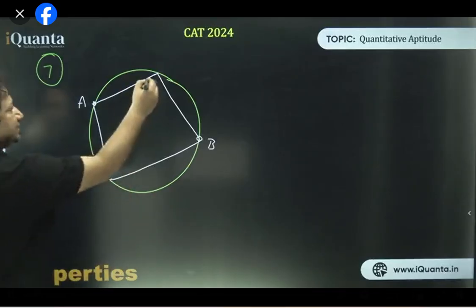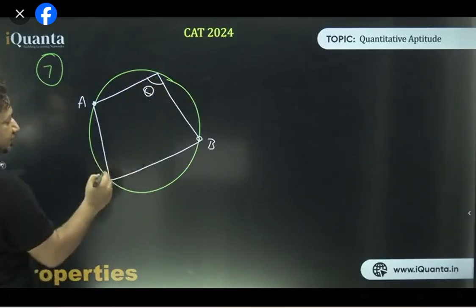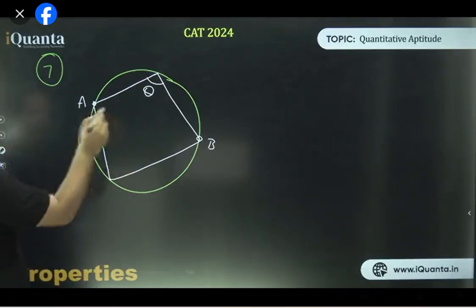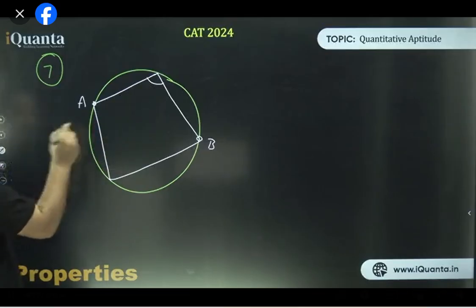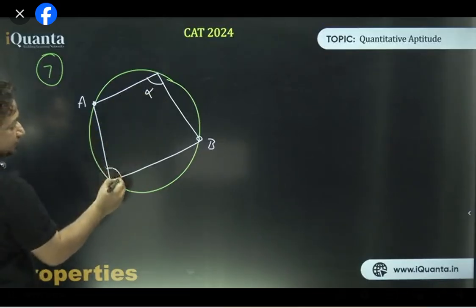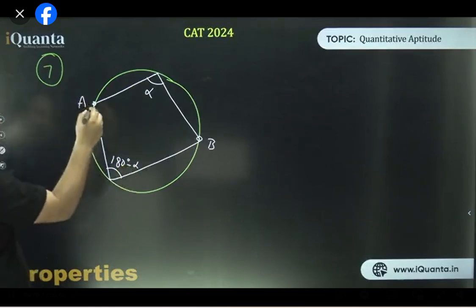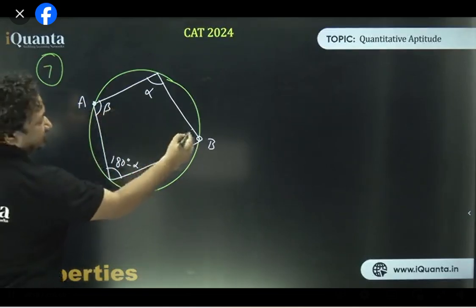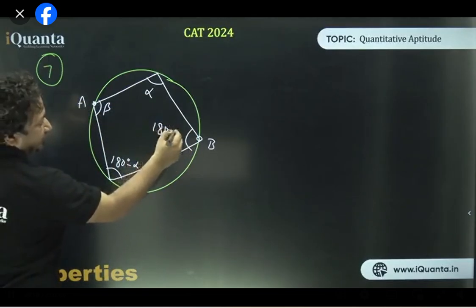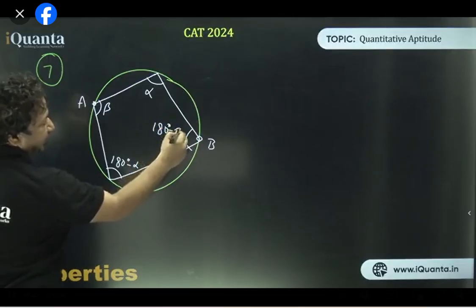So if this angle is theta, this angle, let me use alpha over here, not theta. This angle is alpha. This will always be 180 degree minus alpha. Or I can say if this is beta, this will always be 180 degree minus beta.